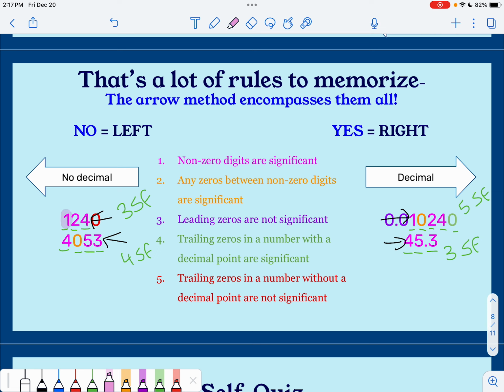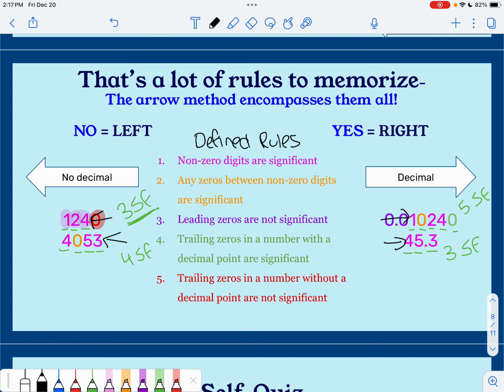So we know that 1, 2, and 4 are significant because they're not 0. And this 0 on the end is a trailing 0, and the number does not have decimal points, so it's not significant. So that one checks out. It is 3 sig figs from both the arrow method and the defined rules method.